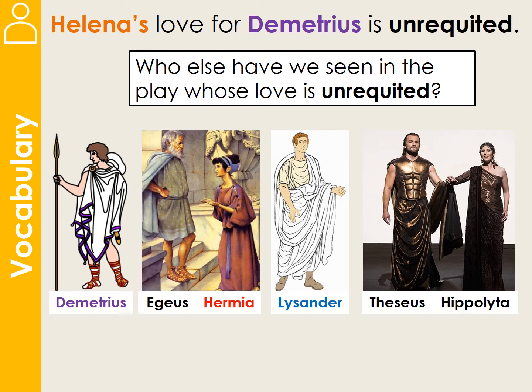And before you pause the video, just to quickly specify, because this did come up with last year's Year 8s, this love is specifically a romantic love. It has to be unrequited romantic love. So pause the video at this point, make a decision. Who else have we seen who has unrequited love?